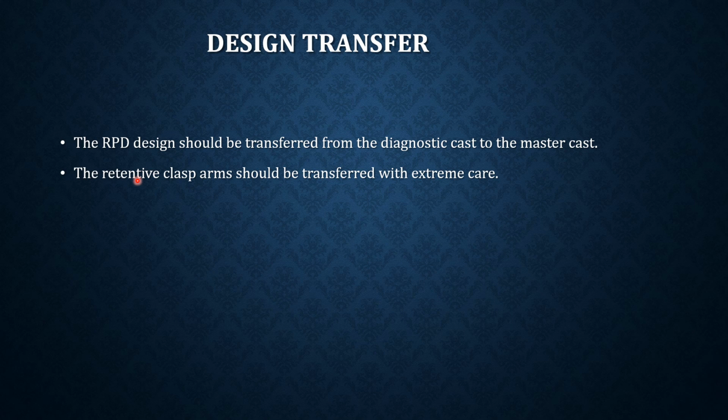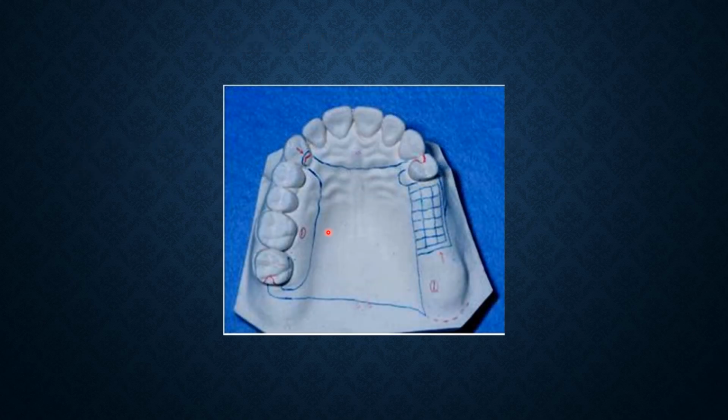If the lab wants to duplicate, they can duplicate the master, the final impression, and pour two casts. There are other methods to duplicate the cast as well, and we'll go through that. The retentive clasp arm should be transferred with extreme care, so the design transfer should be accurate. Now we have transferred; you can still see the tripod marks, and we have properly designed the denture base.